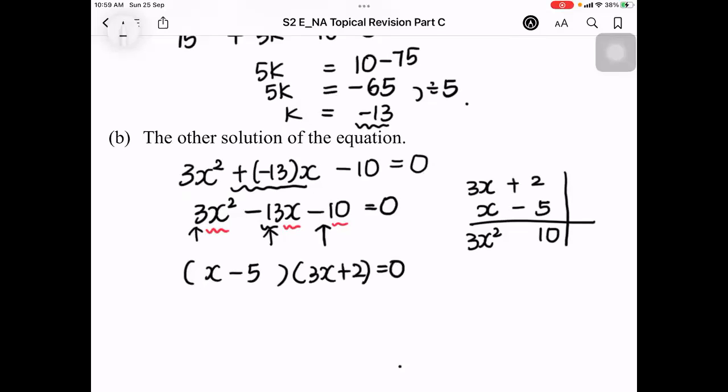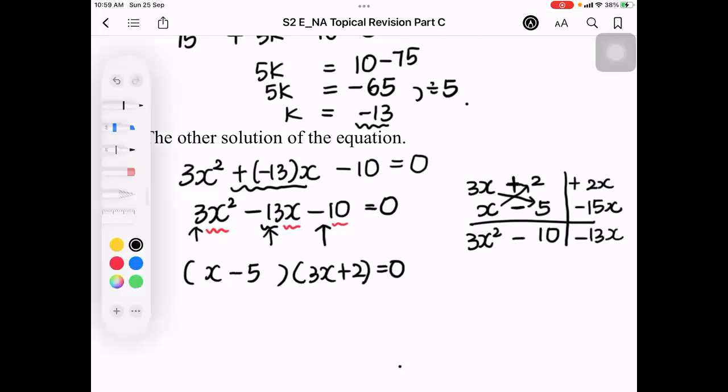Negative and plus. 3x times negative 5, negative 15x. x times 2, positive 2x. We check negative 13x, correct. Positive times negative, negative 10, correct. So these will be the two solutions.